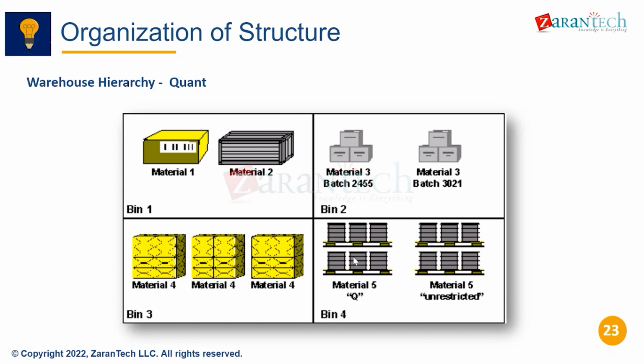Suppose here there are five materials, and these are unrestricted. That means they can be available for sale. If the stock is restricted, it will not be available. Now you can see these two materials. Suppose this five material is in the quality status, or in the inspection status. In that case, the system will show you four as your physical quantity, but the available quantity is three.